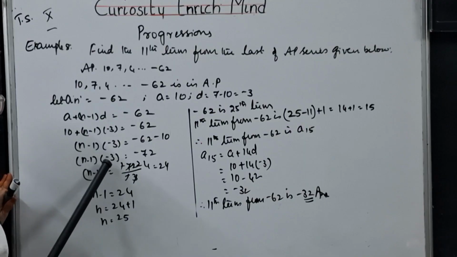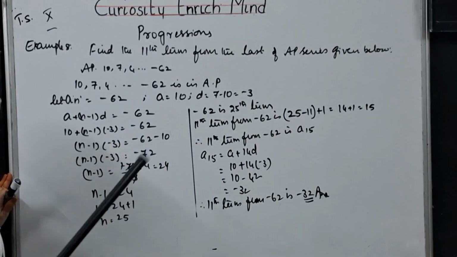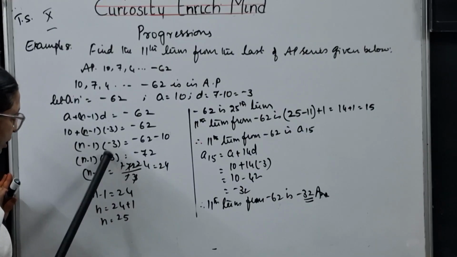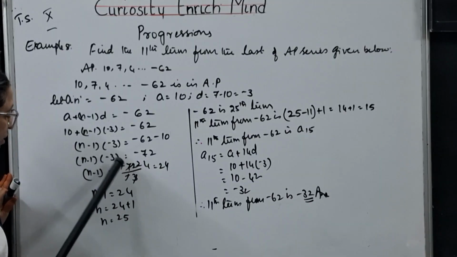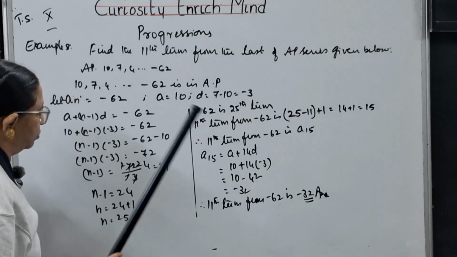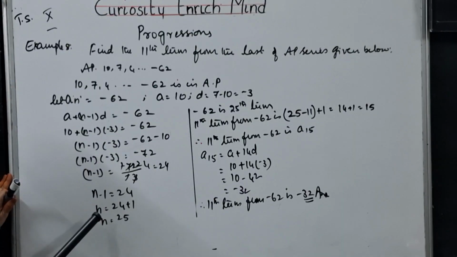That means n minus 1 into minus 3 is minus 72. This minus 3, when it goes here, multiplication becomes division. So these two will get cancelled. 3 twos are 6, 3 fours are 12. So n minus 1 is 24. N is equal to 24 plus 1, so n is equal to 25.